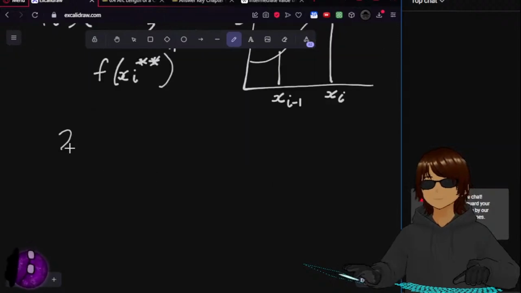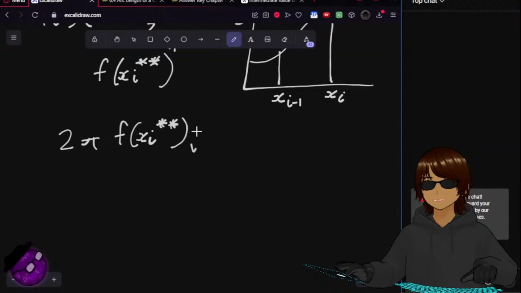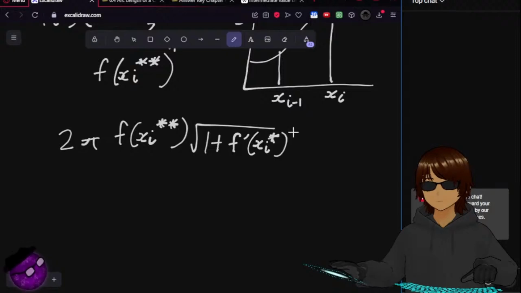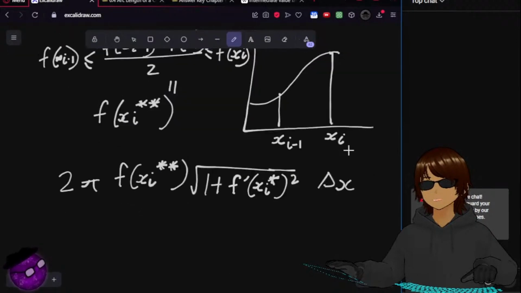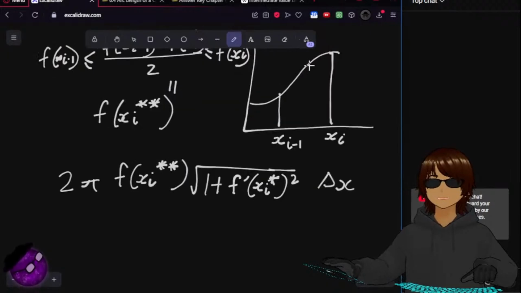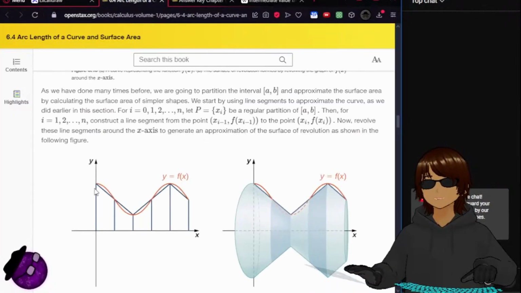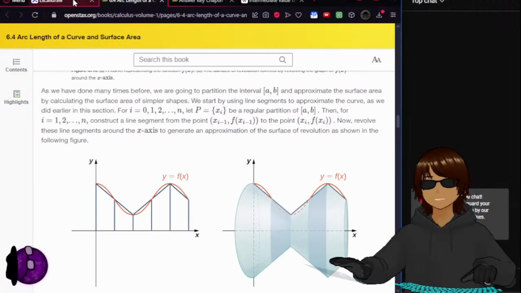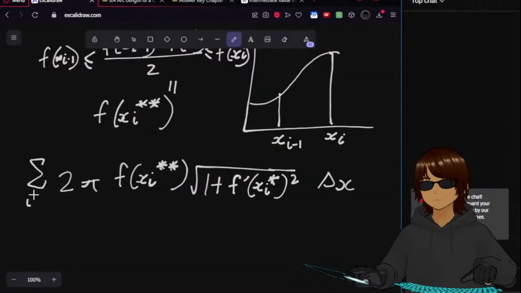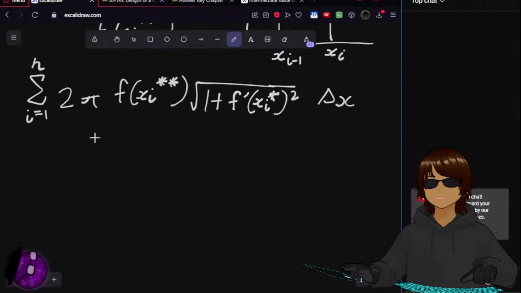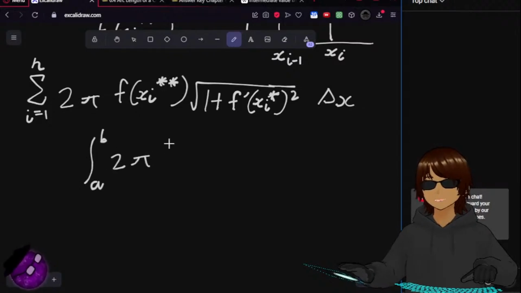So basically 2 pi, let's just put root here, delta x. So the sum of all of these line segments will give the approximate value. And if I take n to infinity, so we are finding between a and b, I get this.